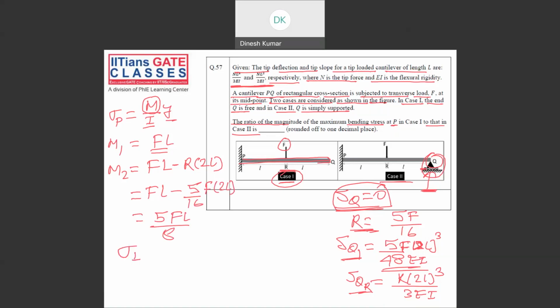So sigma 1P upon sigma 2P is nothing but your M1 upon M2. What is your M1? Your M1 is FL, and your M2 is 5 FL by 8. So it is nothing but 8 by 5.